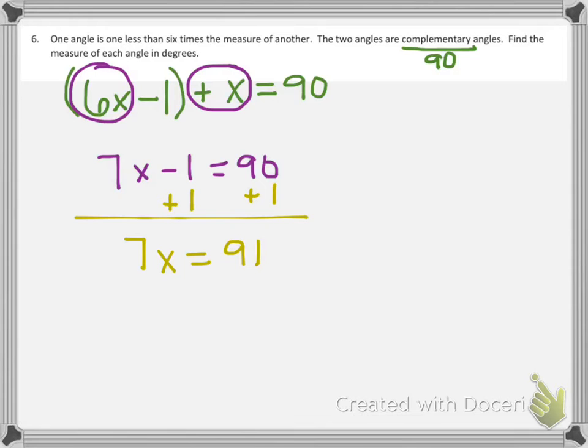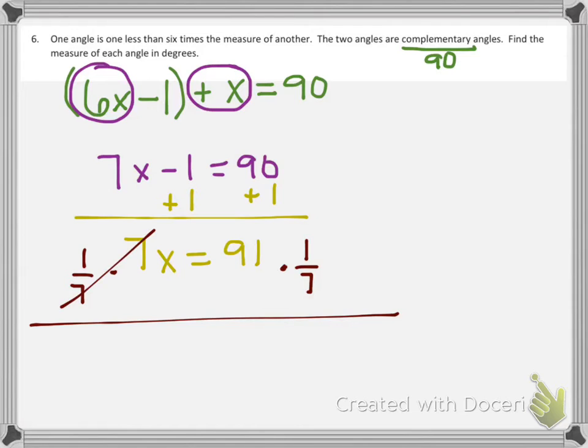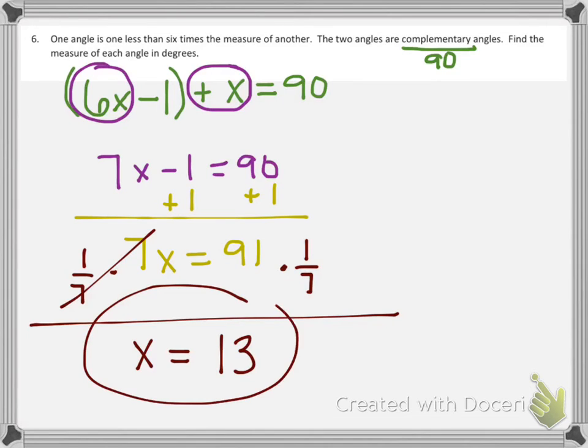And then multiply by reciprocal. The reciprocal of 7 is 1/7. Balance the equation. The 7's cancel. I get x equals 91 divided by 7, which is 13. So x equals 13 on our last.